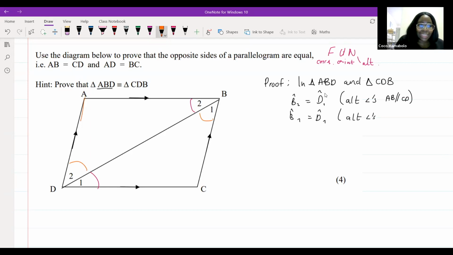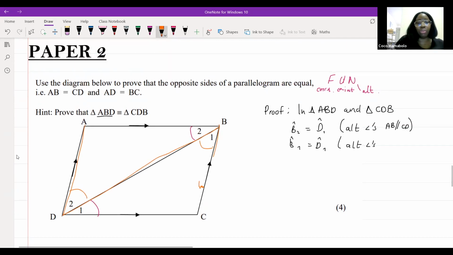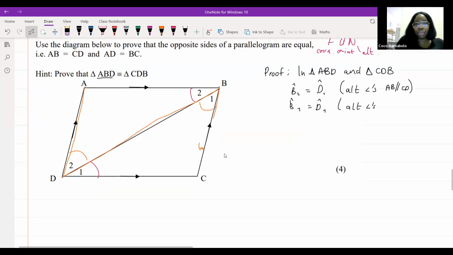We used AD as our parallel line, and we used BC. So when we say alternate angles over here, our two parallel lines will be AD is parallel to BC. So it's important for us to remember where we've gotten these parallel lines from and where these alternate angles stem from.